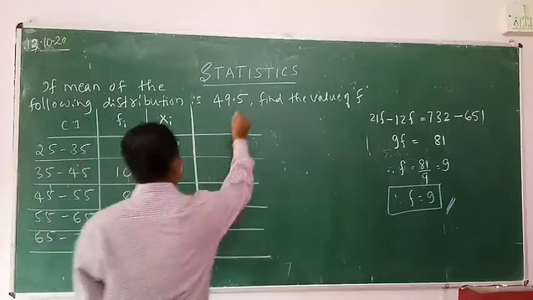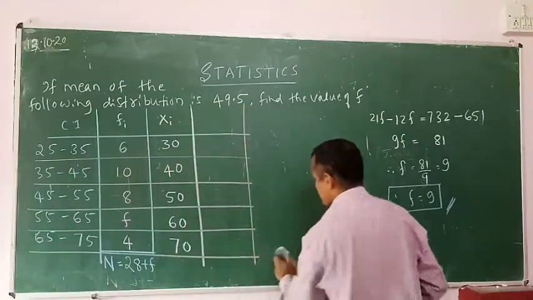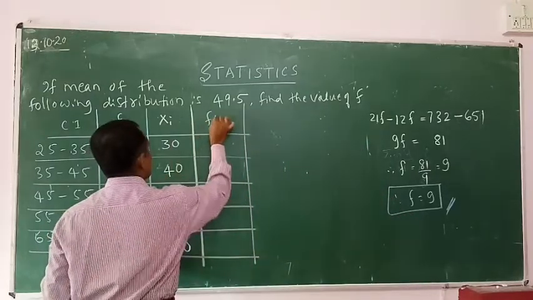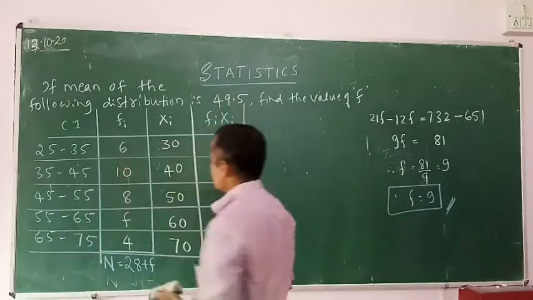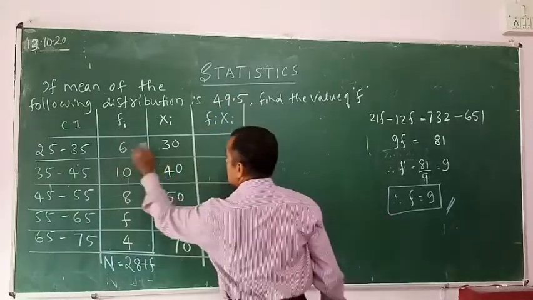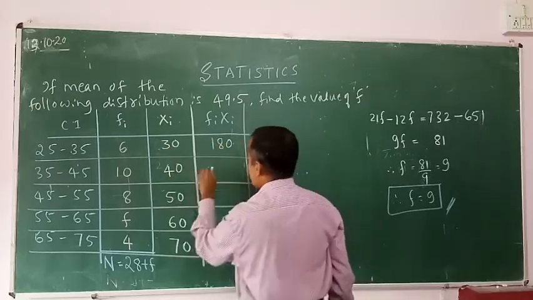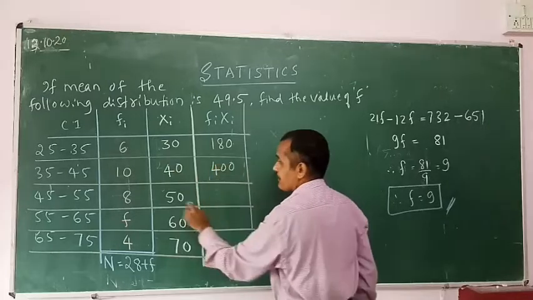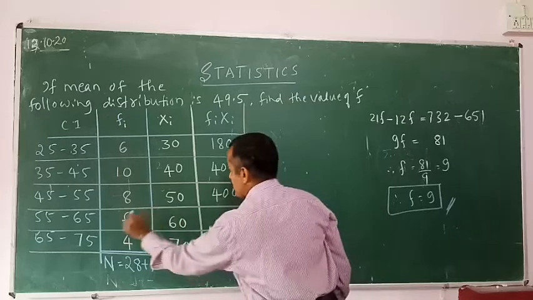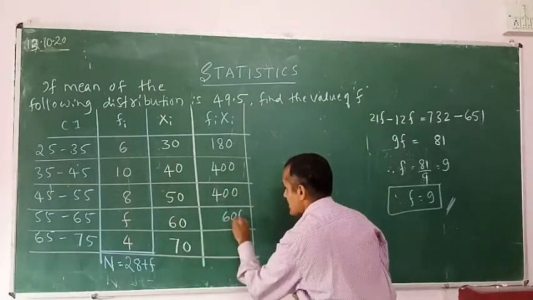Okay, students. Let us go for the last column. This is nothing but Fi Xi. Come on. 6 times 30 is 180. 10 times 40 is 400. 8 times 50 is 400. 1 times F into 60 is 60F.